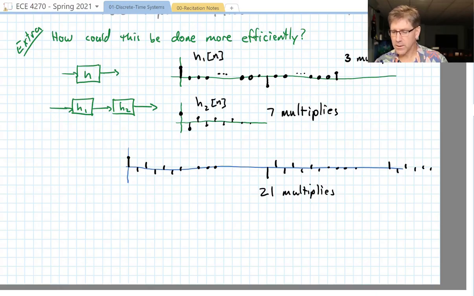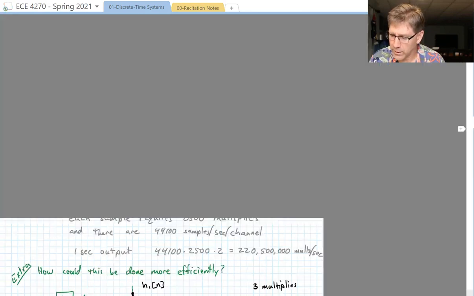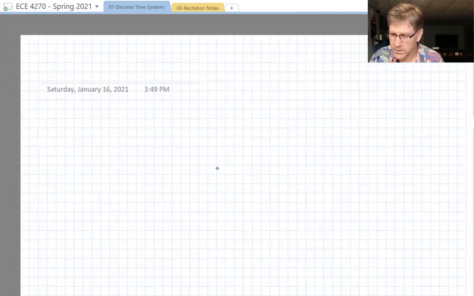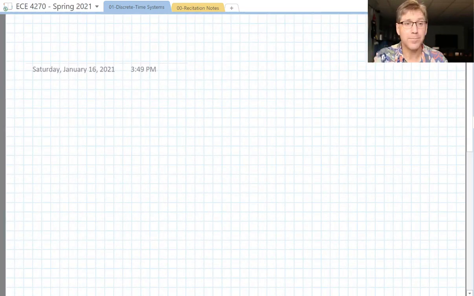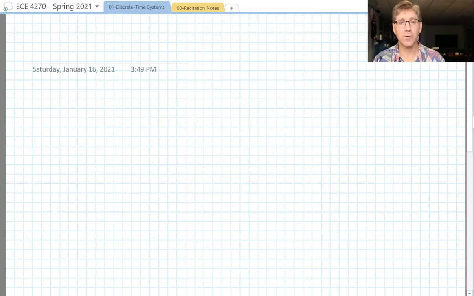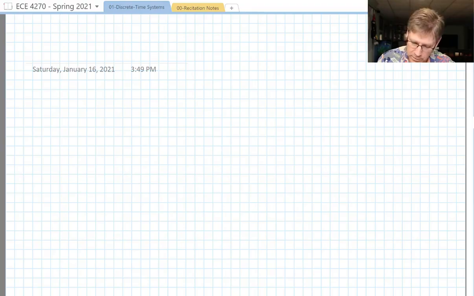Well, before we quit, let's talk about another way of doing implementation of convolution. This is going to be something we call block convolution.